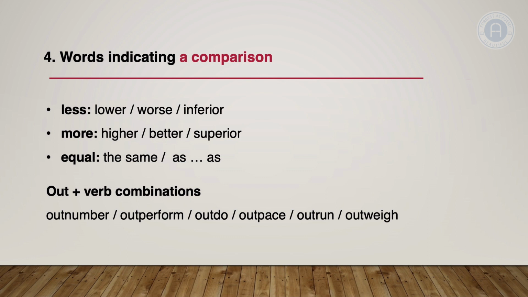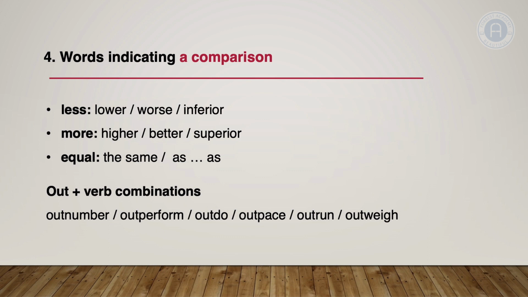So the prefix out plus verb combinations is going to indicate that something is better, higher, or more superior than the other. Outnumber, outperform, outdo, outpace, outrun, or outweigh, or any other combinations could also be considered as important vocabulary words to have in your notebook.